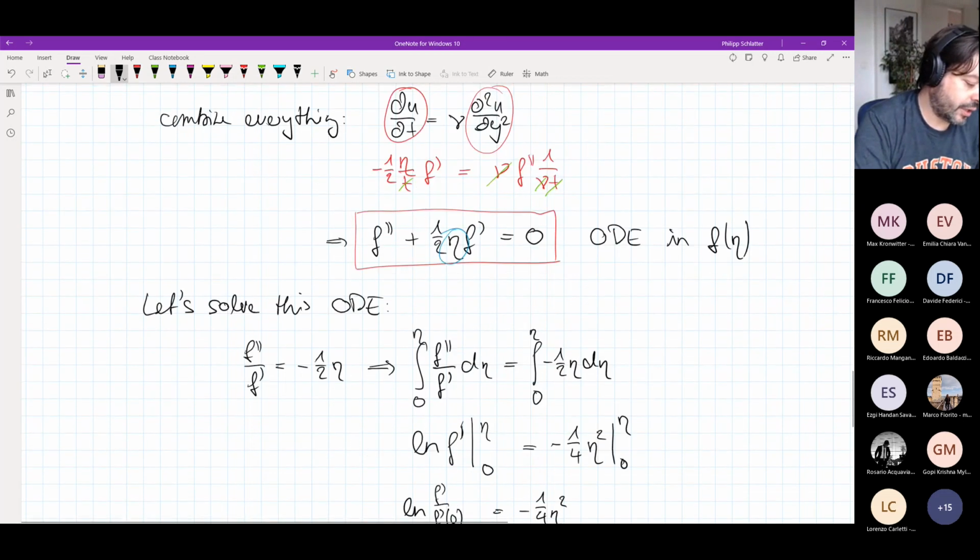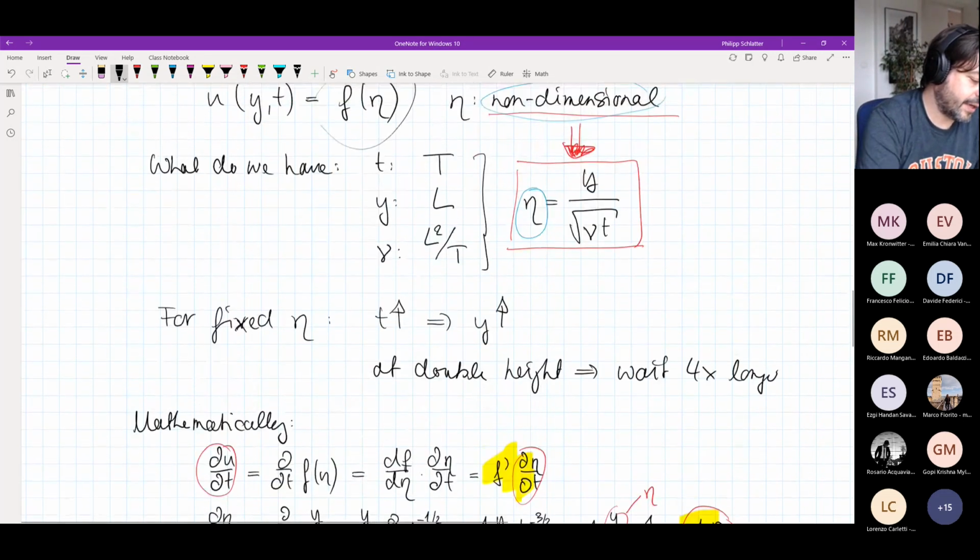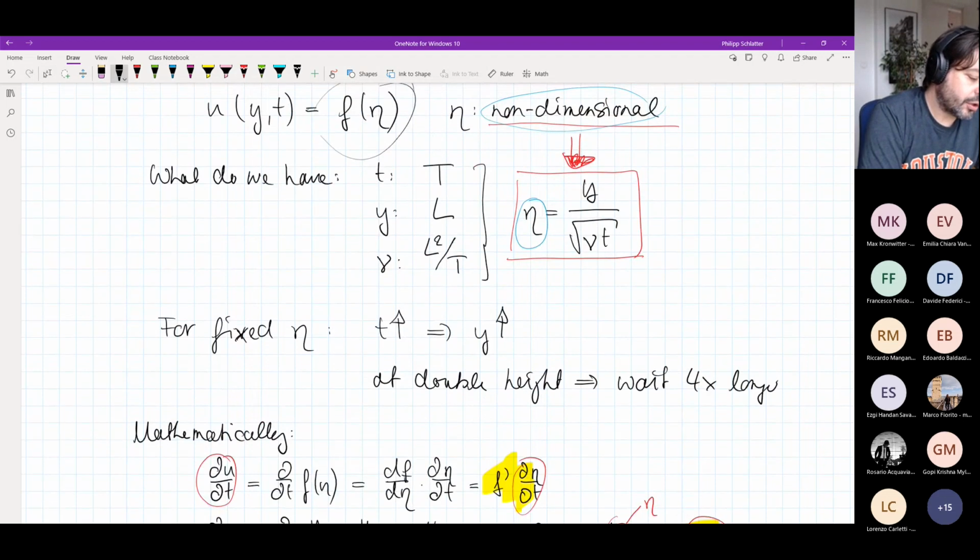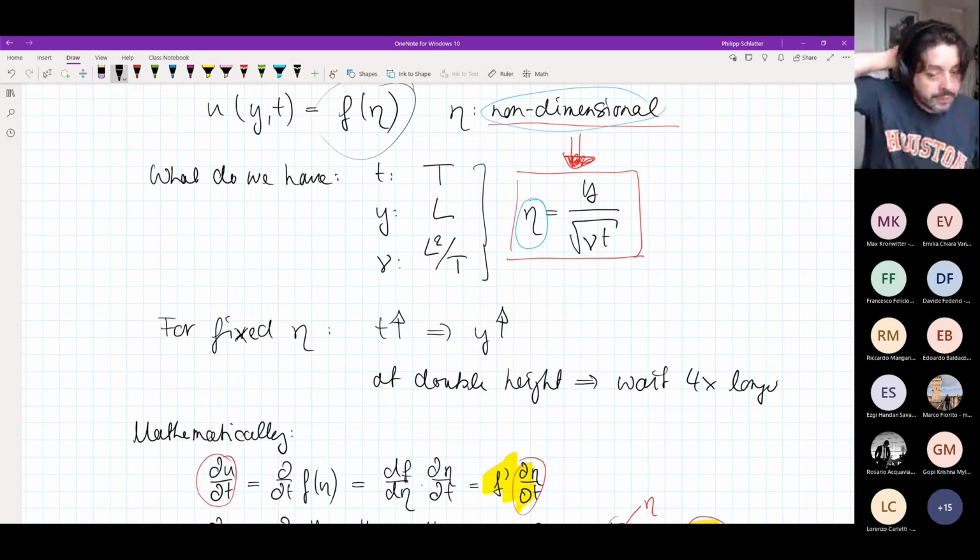Well, if we now look at how eta is defined, eta is going to be 0 if y is going to be 0, and eta is going to infinity, which would essentially mean that either y is going to infinity or t is going to be 0.